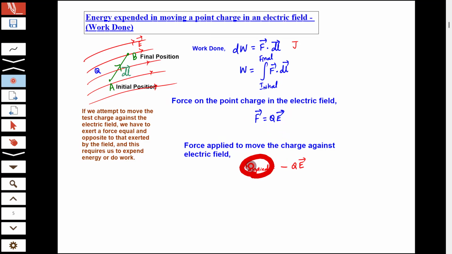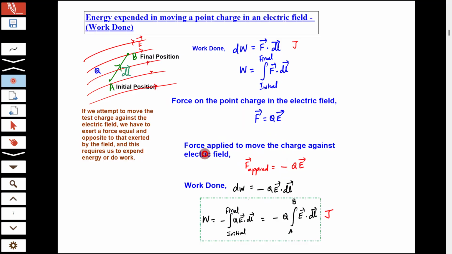Now this applied force decides this amount of work done. Thereby, this differential amount of work done can be given as minus Q into E dot dl. And we can estimate the net work done from point A to point B as integration of this quantity, with the lower limit being the initial position and the upper limit being the final position.